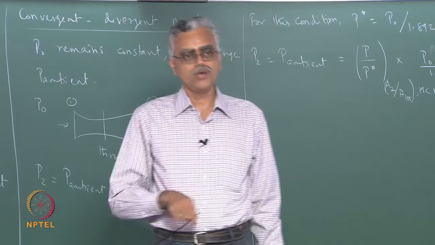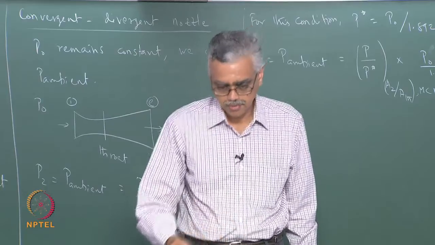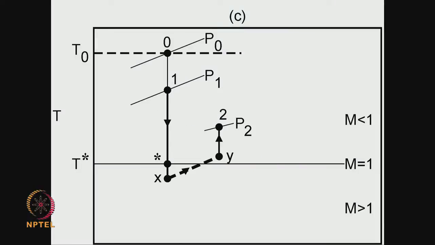Now let us say I lower the ambient pressure a little bit more, then this is the scenario I have. Because I have lowered the ambient pressure from the previous value, the flow after reaching M equal to 1 at the throat continues to accelerate because it sees a favorable pressure at the exit.